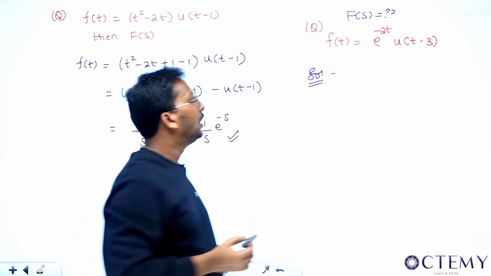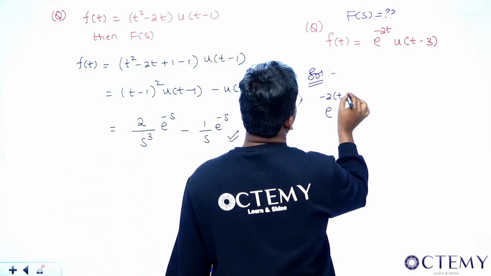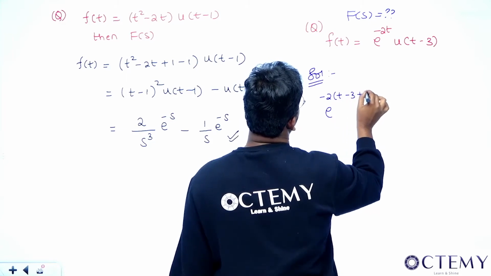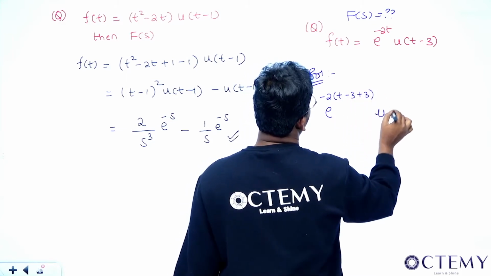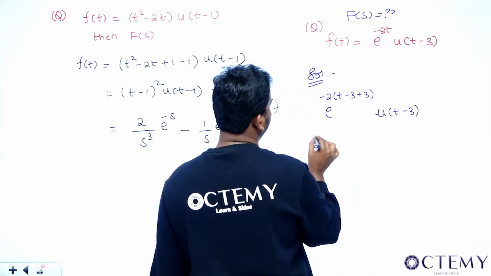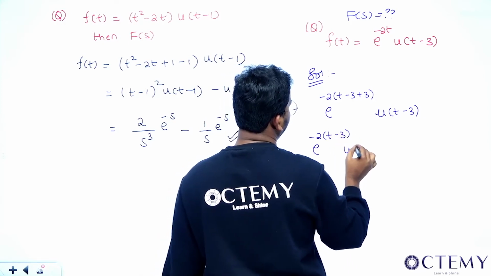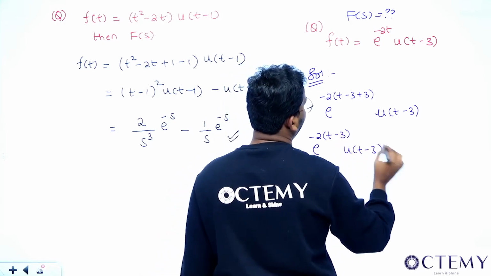So you can write this as e power minus 2 into (t minus 3) plus 3 into u of t minus 3. This will become e power minus 2 (t minus 3) u of t minus 3, and this will become what?